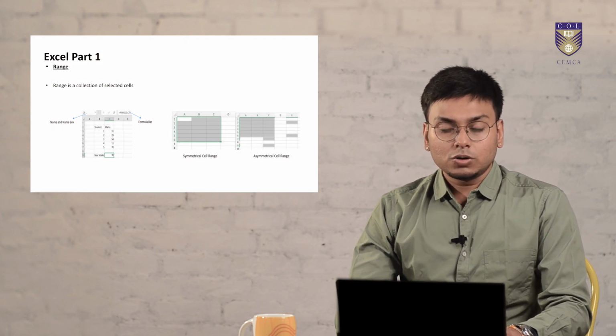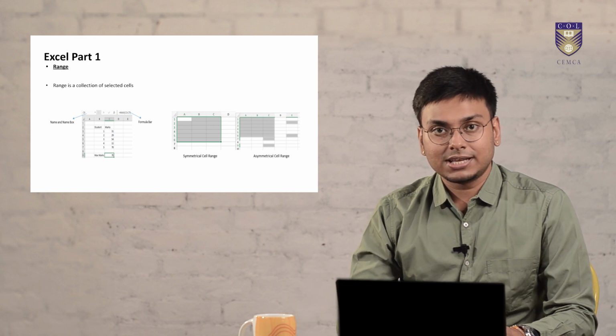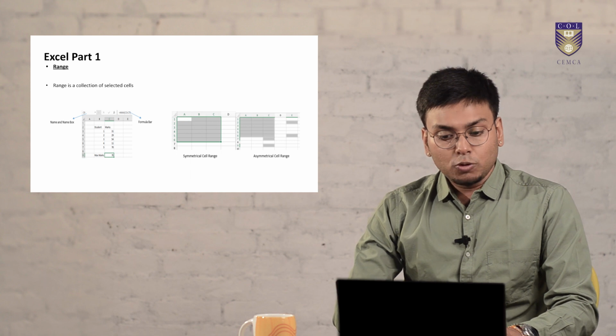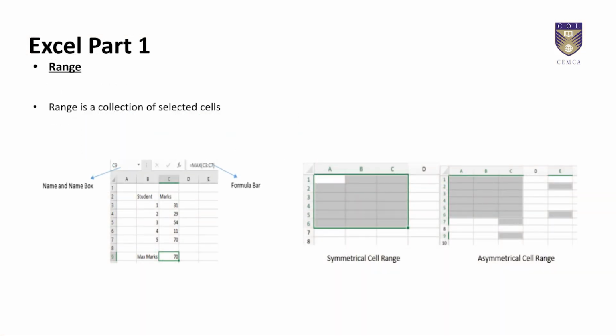range. So if you look at the figure that is appearing on the right hand side of your screen, you will see that there is a portion which is named as basically the name box. Whenever you are selecting some cells in Excel, you can actually provide a name to that cell.